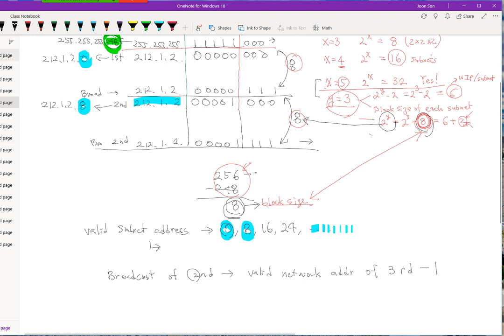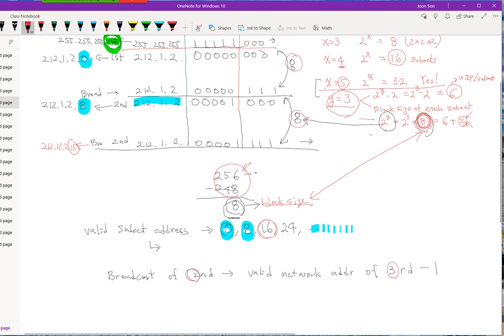For the second subnet, you find the valid network address of the third subnet, which is 16, and then 16 minus 1 means 15. So this broadcast address is 212.1.2.15.